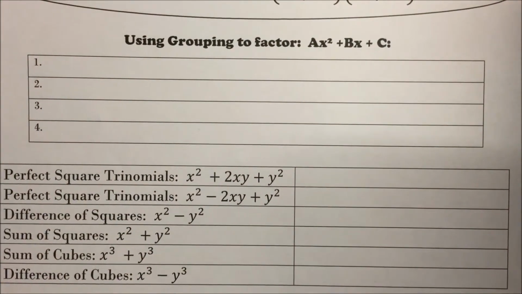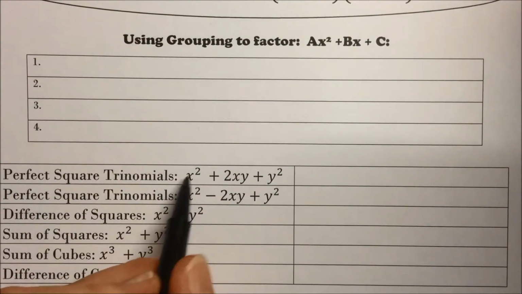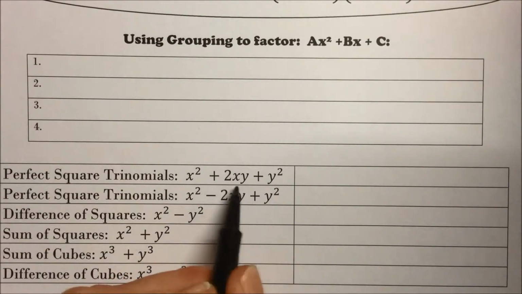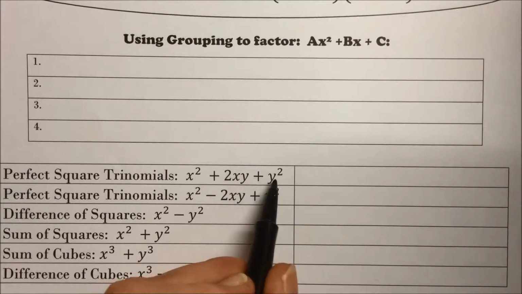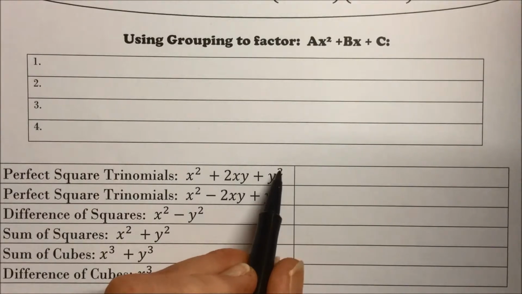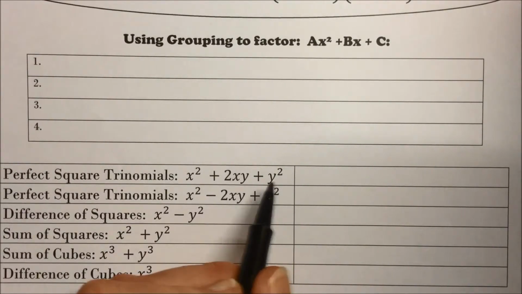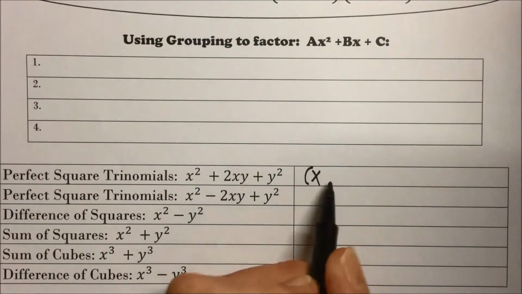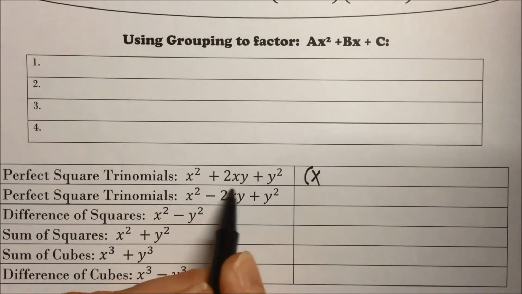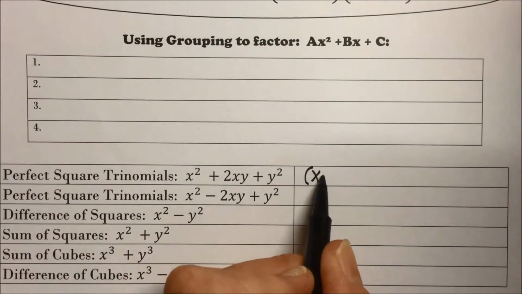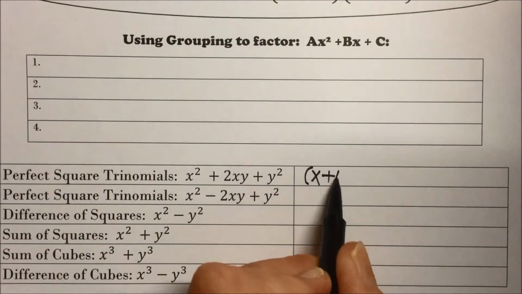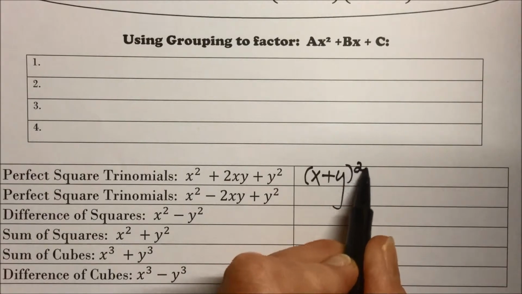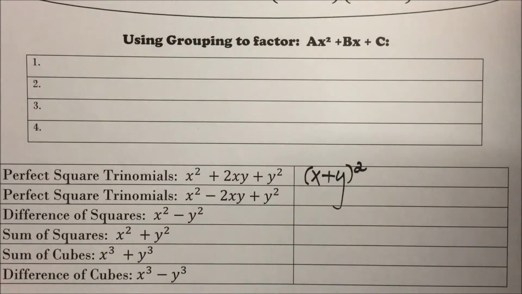So when we want to factor a perfect square trinomial, if it's of the form a square plus double the square root of the first times the square root of the last term, plus the second square, it will factor into the square root of the first term, because this is a plus, both signs are the same, they're both plus, the square root of the last term, the quantity to the second power.